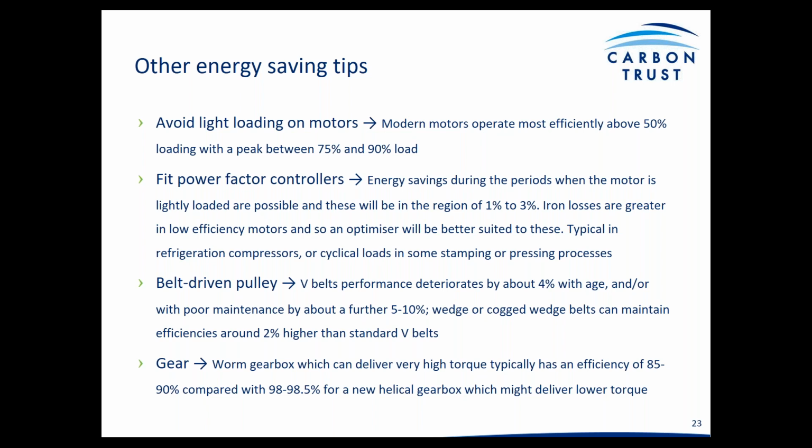Modern motors operate more efficiently above 50% loading, with a peak usually between 75%, 80% and 90% load. Again, to determine the load, it's crucial to choose the right size for those motors, depending on your application.